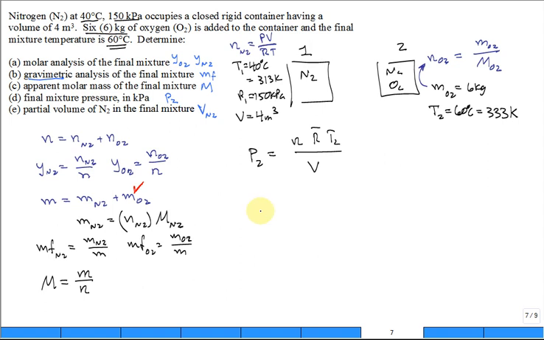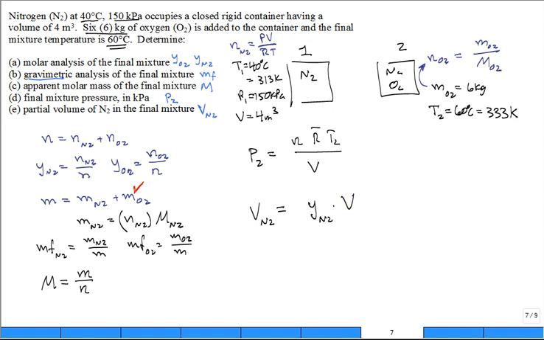All right, to calculate the last part, right? The partial volume of the nitrogen, you can do it a couple ways. You can do the mole fraction of the nitrogen times the volume of the tank. Real straightforward.